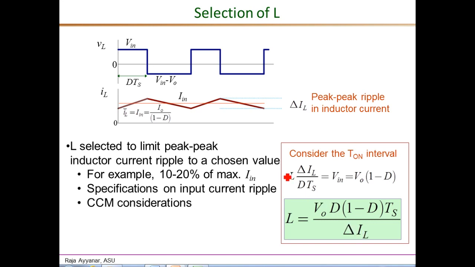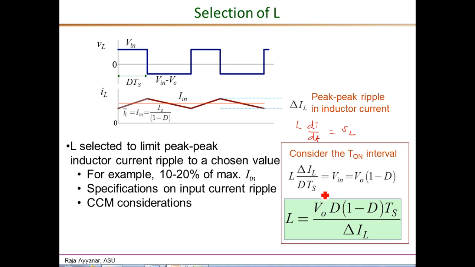Just like how we did in a buck converter, we could either use the on interval or the off interval. Let's use the on interval for the boost converter case, and the basic equation is L di over dt is VL. So during the on interval, this di by definition is delta IL. This dt is the total duration of the on interval, which is D times Ts, and that is equal to the inductor voltage, which during the on interval is simply Vin, as shown here.